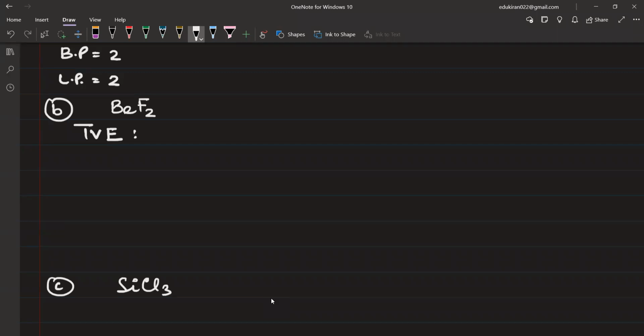So 1s2 and 2s2. So it has 2 valence electrons. What about fluorine? How many valence electrons in fluorine? 7. Yeah. Now I will multiply by 2 because there are 2 fluorines. 7 times 2. This will give me how many electrons? 16. Very good.